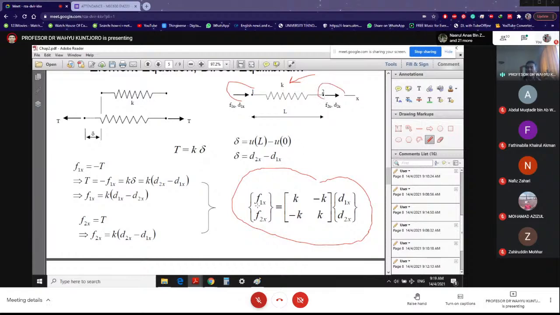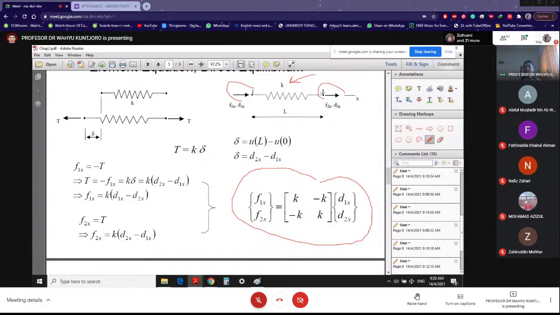If F1x is positive, it will go to the right. If the result for F1x is negative, it will go to the left. If F2x is positive, it will go to the right. If F2x is negative, it will go to the left. Then by doing that, you know the internal force of element number one. And that will be the force that element number one is going to feel.